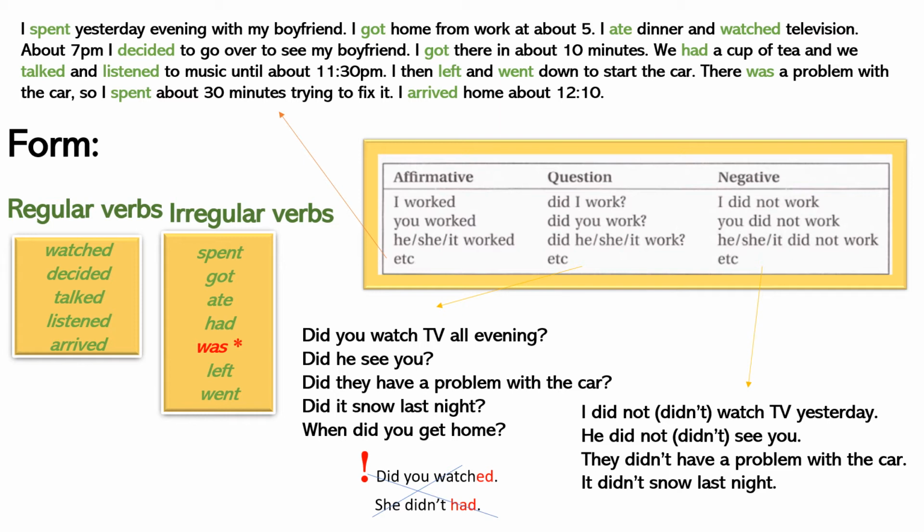And this is a common mistake. So you don't say, did you watched? Did you worked? It's wrong. And don't say, she didn't had. She didn't watched. She didn't ate. Please note.